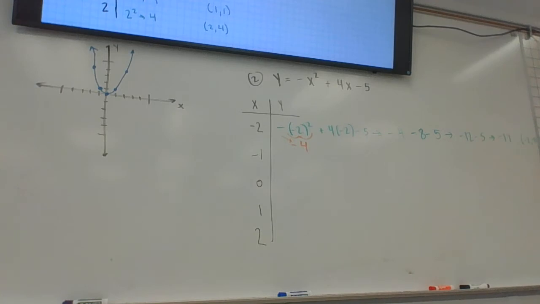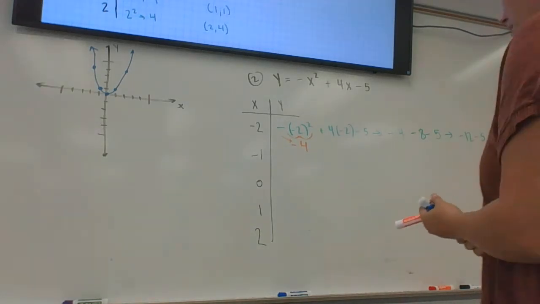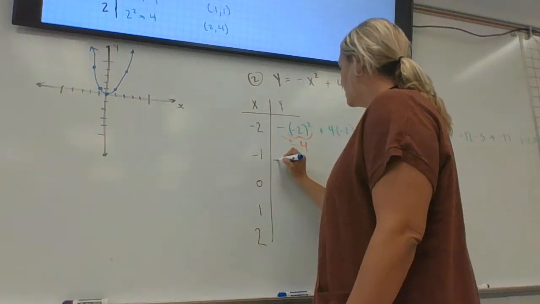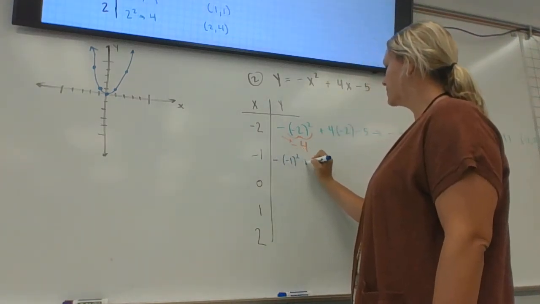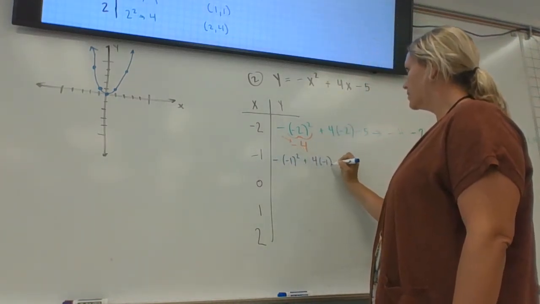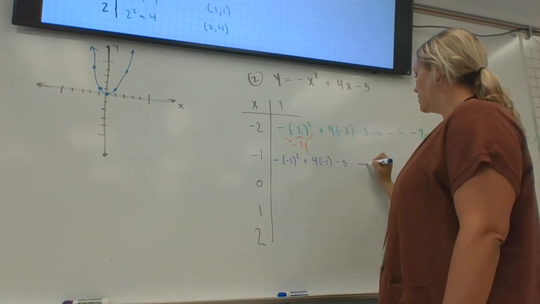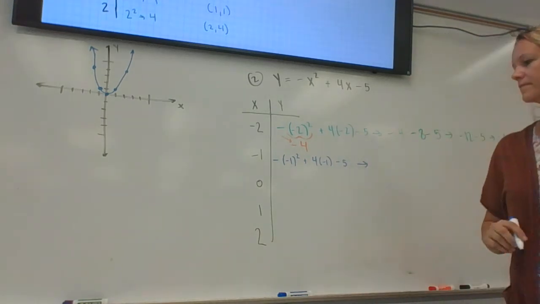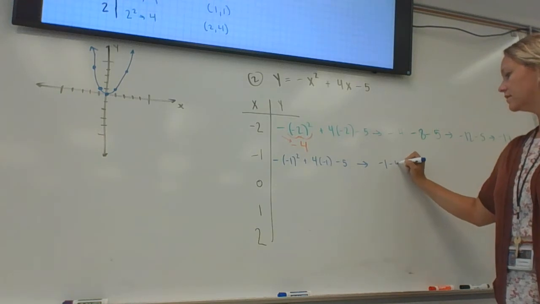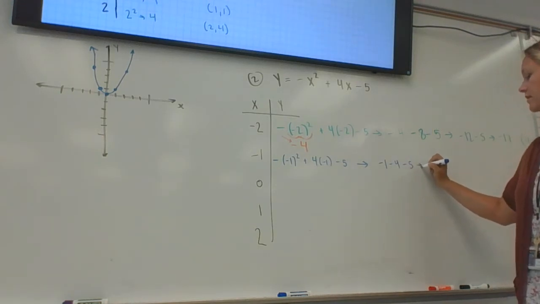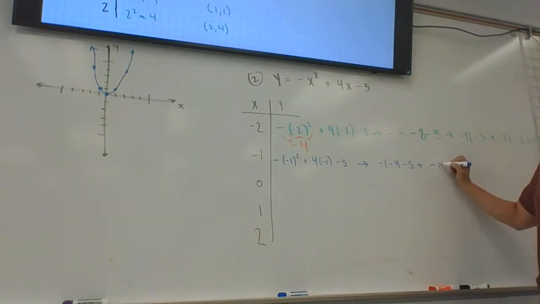First time you plug this in, you're going to get the wrong number out. You've got to see what you're doing wrong. Make your mistake right now so you don't have to do it again later. Is our next ordered pair?